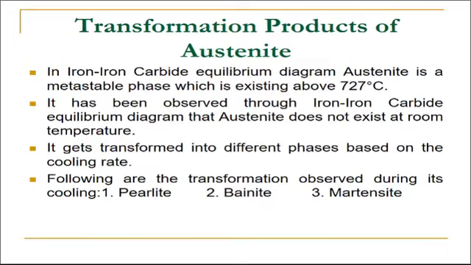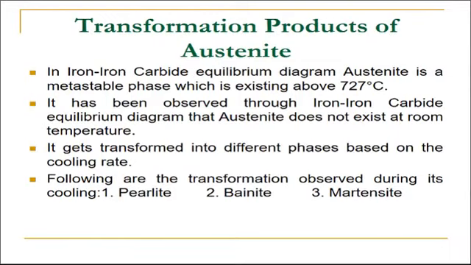It has been observed through the iron carbide equilibrium diagram that austenite does not exist at room temperature conditions. Generally, it gets transformed into different phases based on the cooling rate. Following are the transformations observed during cooling of the austenite phase. First one is pearlite, second one is bainite, and third one is martensite.